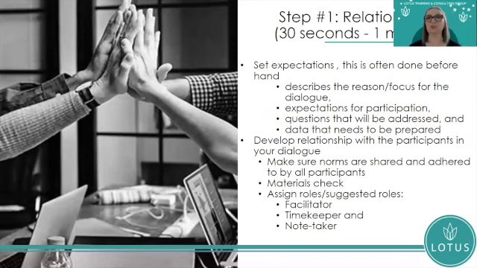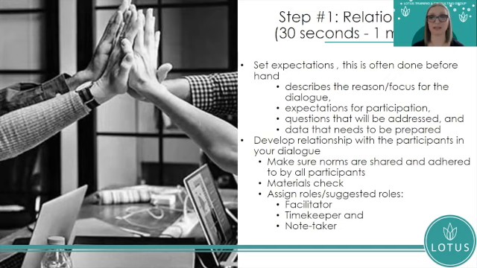On the screen now, you can see the gist of that first step, relationship building, which is designed to not take more than a minute. A whole lot of it can be done before you even step foot into the room.